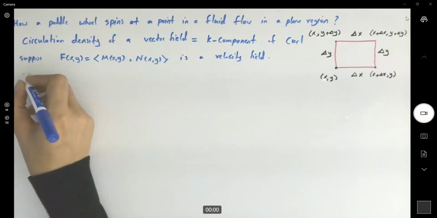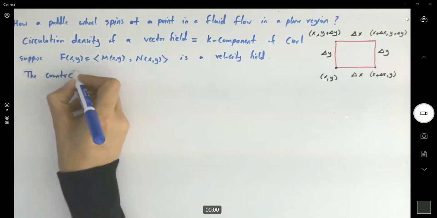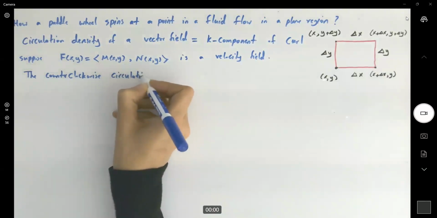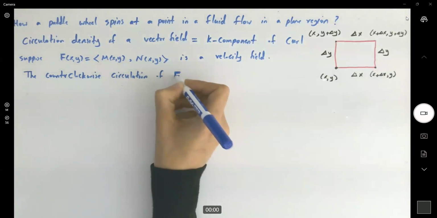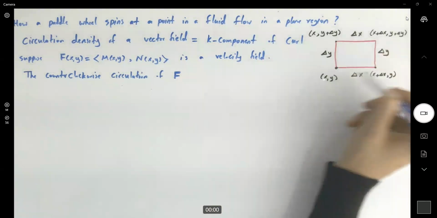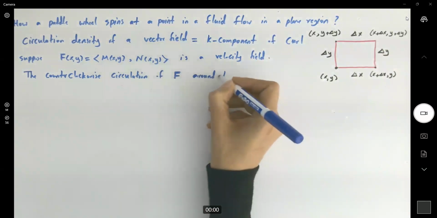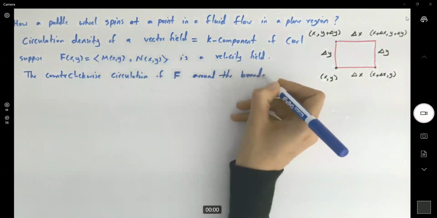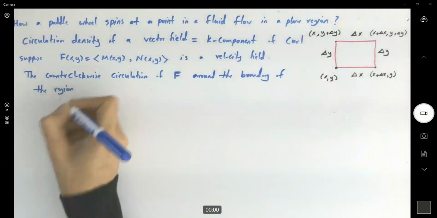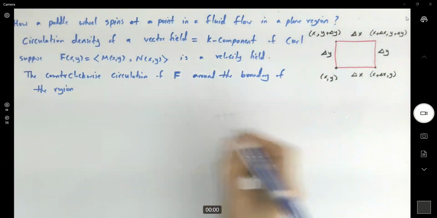The counterclockwise circulation of F around the boundary of this region is the sum of flow rates along the sides.